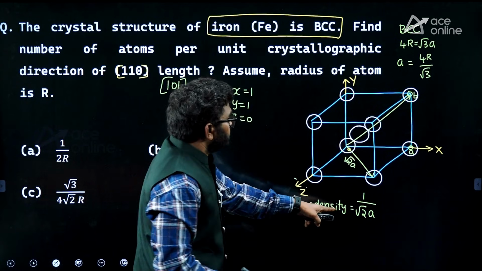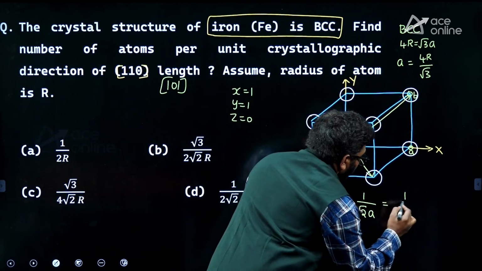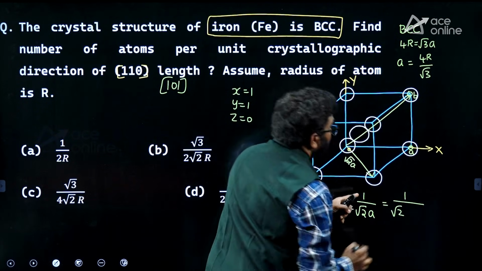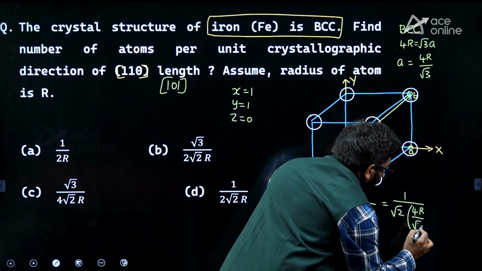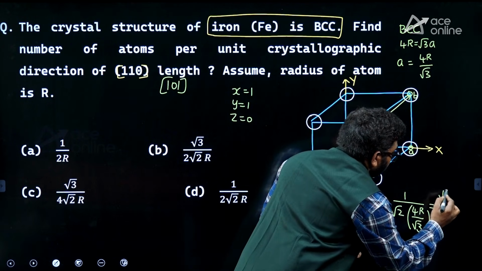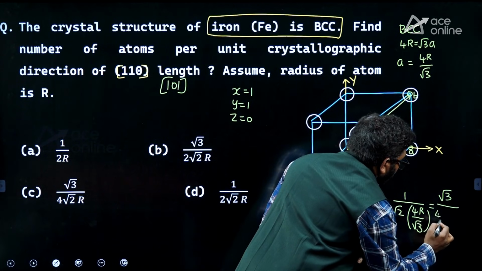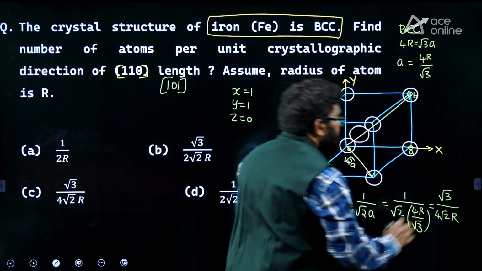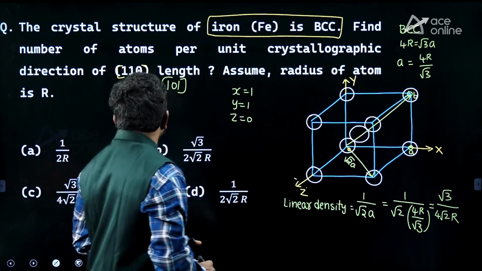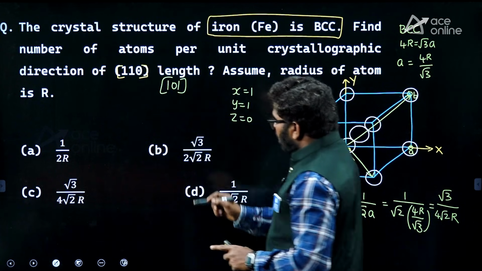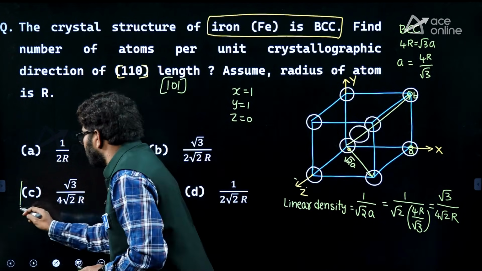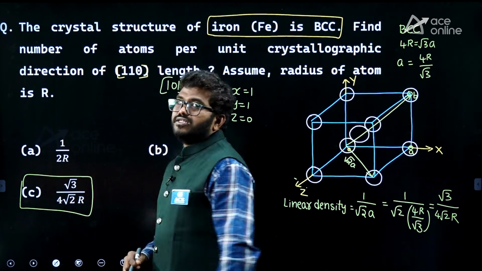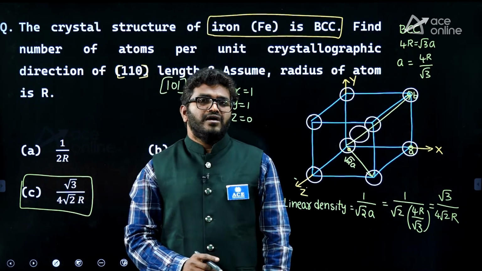Substituting in this equation, 1 by root 2 into A, with A equal to 4R by root 3, I will get root 3 by 4 root 2 R. So out of these 4 options, the correct answer for this question is C.